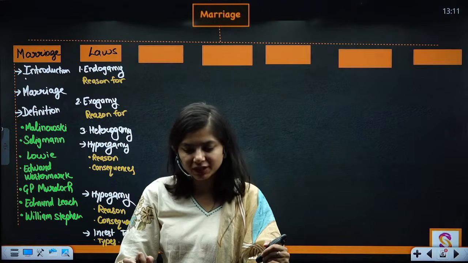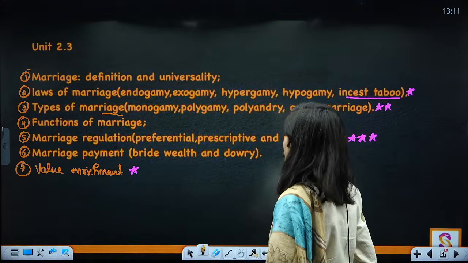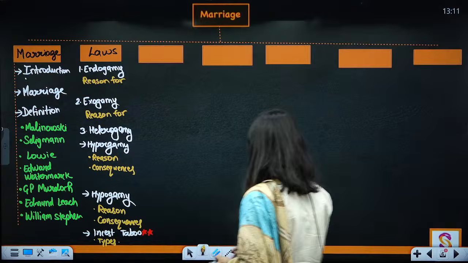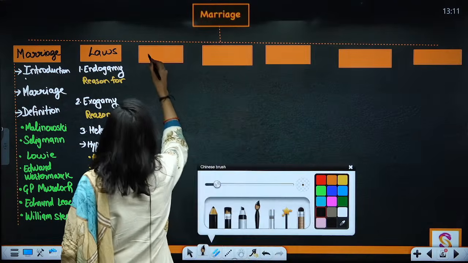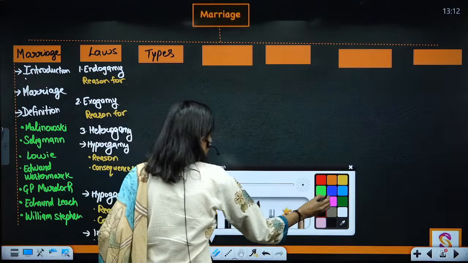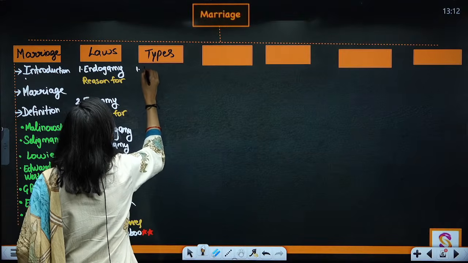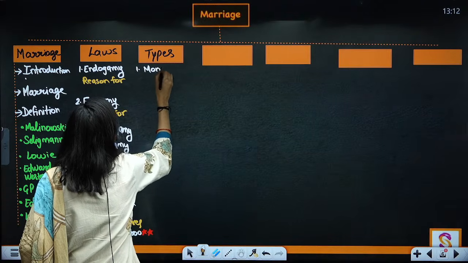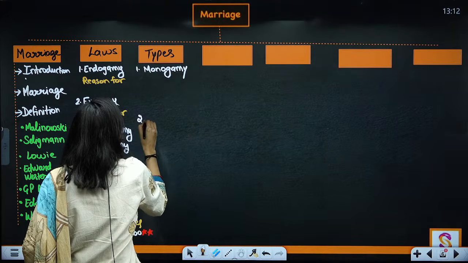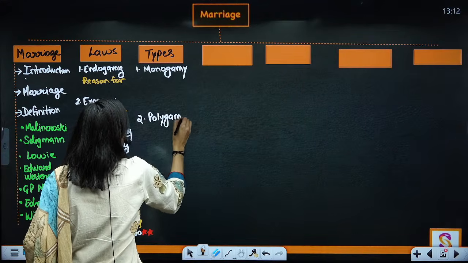Now next part, after the laws, we are going to have the form: the types of marriages. It is mentioned as types of marriages: monogamy, polygamy, polyandry, and group marriage. So next is the types of marriages. Monogamy, polygamy.